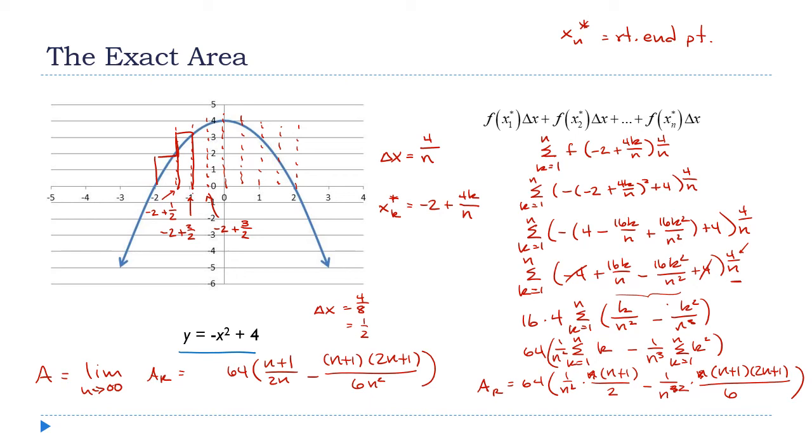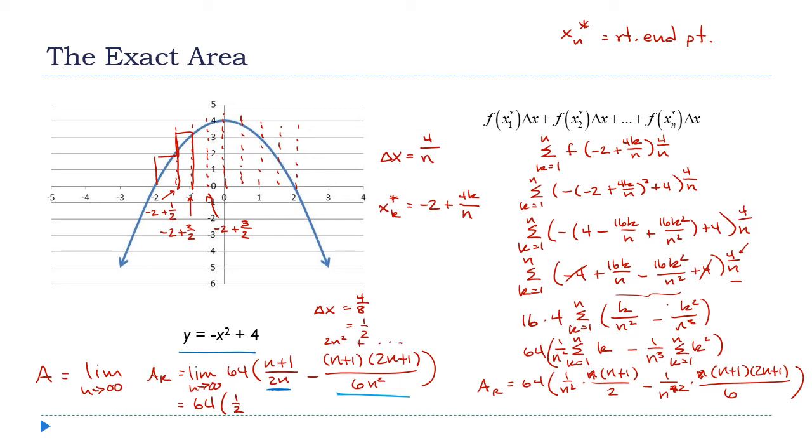And now look, take the limit over here. This is the limit n approaches infinity. All right, well, let that 64 float out here. What's the limit of this as n approaches infinity? Well, we know how to do that now, right? We know how to do that from back when we're talking about limits. This is 1/2. What is the limit of this part as n approaches infinity? Well, you notice that if you multiply this out, this is 2n squared plus some smaller terms.